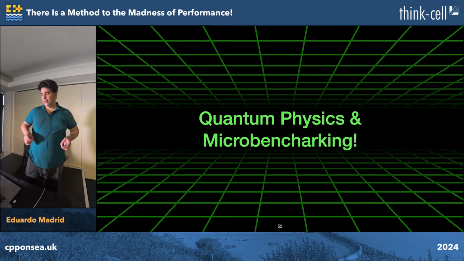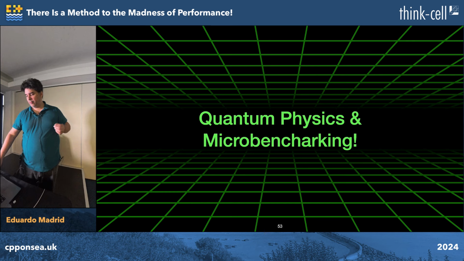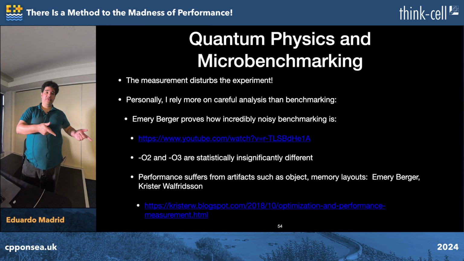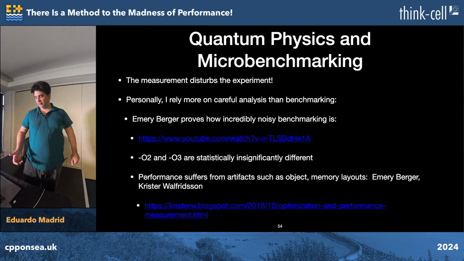There's a problem with micro-benchmarking that it resembles quantum physics in an important aspect, which is that the measurement of performance disrupts the performance of what you're measuring itself. So micro-benchmarking is not very reliable. The measurement disturbs the experiment itself.